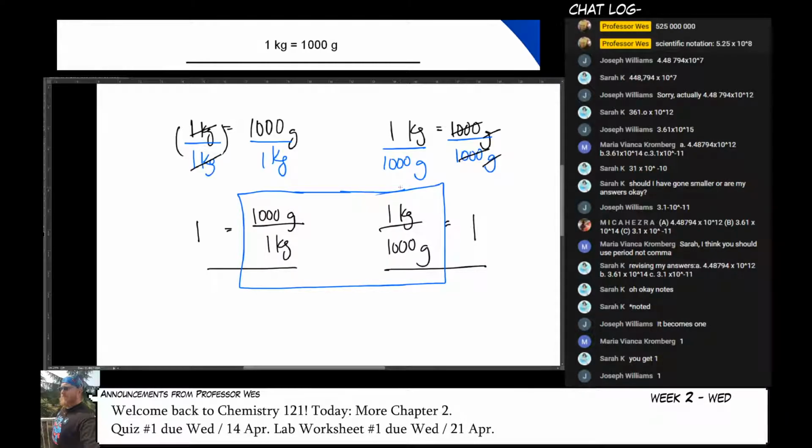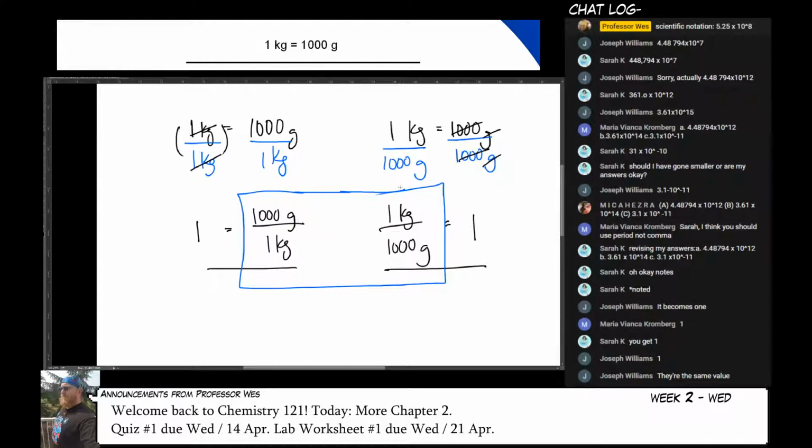They're the same thing. Yeah, they equal each other. There you go.